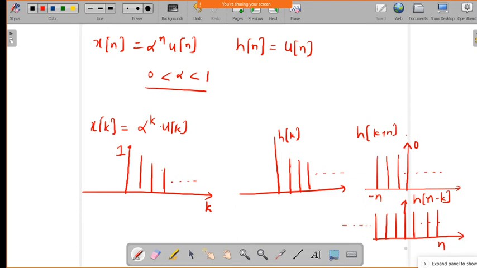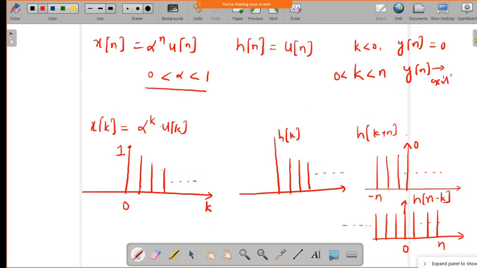So now where to where will it exist? For example, this is 0 to infinity, so k exists from 0 to infinity, and here it is minus infinity to n. Now for the multiplication, when k is less than 0, y of n will be 0. When k exists between 0 to n, then your y of n exists.